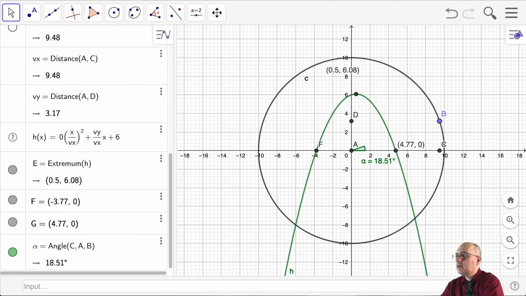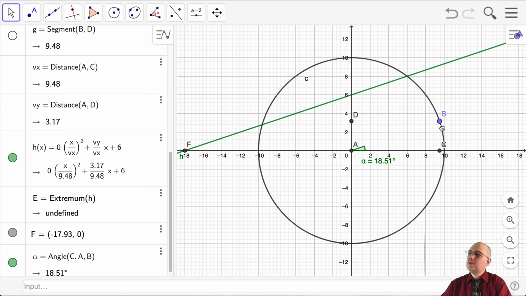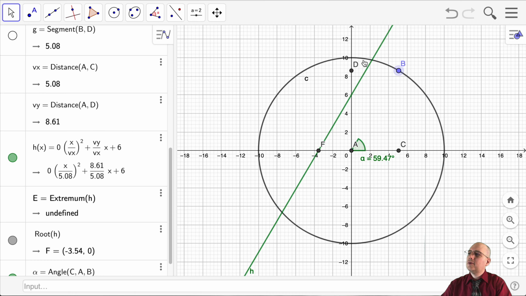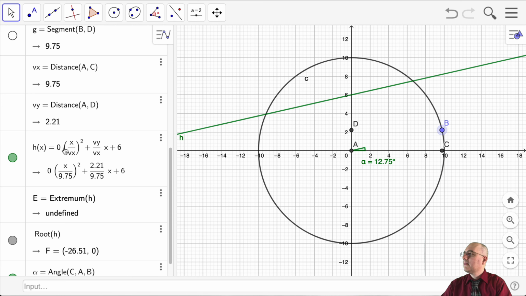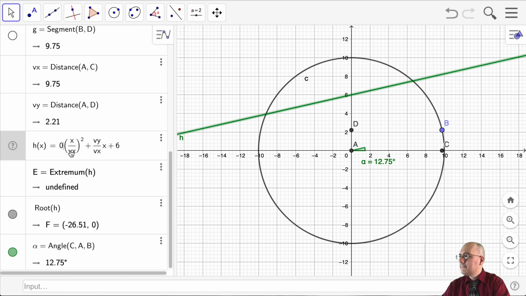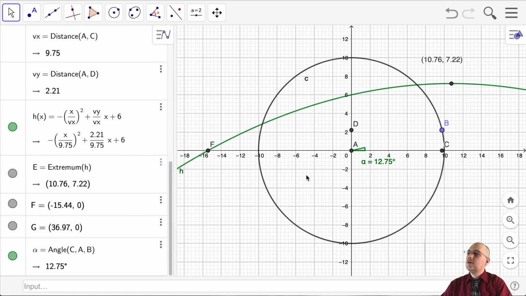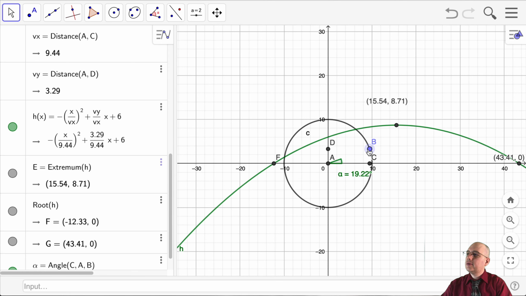Well, what about if you do a 0 here? Of course, it's no longer a parabola, and so it never hits the ground. So here, with very weak gravity, you can go much farther.